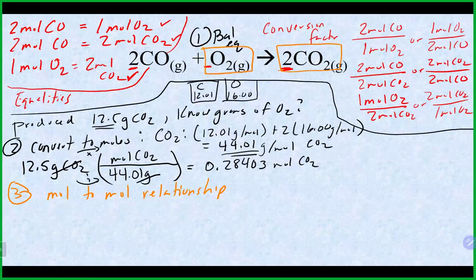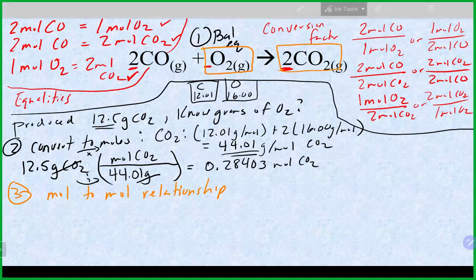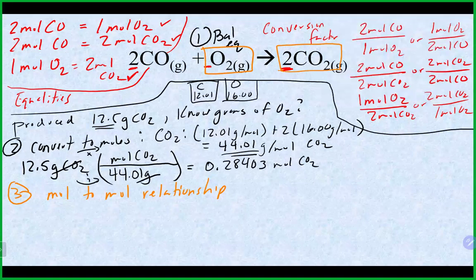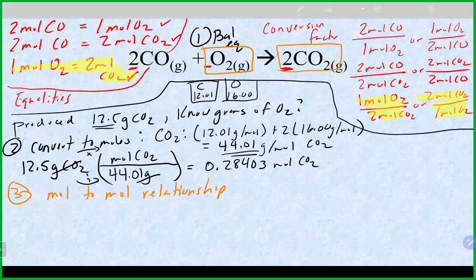So we want the relationship from the equation of those two. And we did that earlier. Earlier we saw that 1 mole of O2 would give us 2 moles of CO2, and that comes from the coefficients in the equation. That gave us an option of 2 conversion factors, so those are our 2 possible conversion factors that we could use.